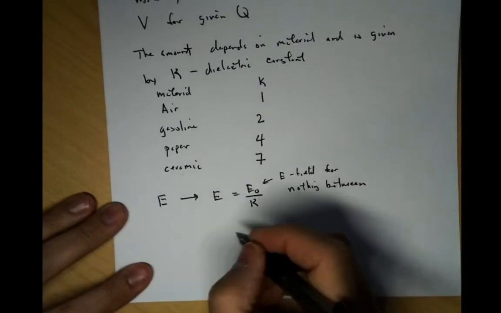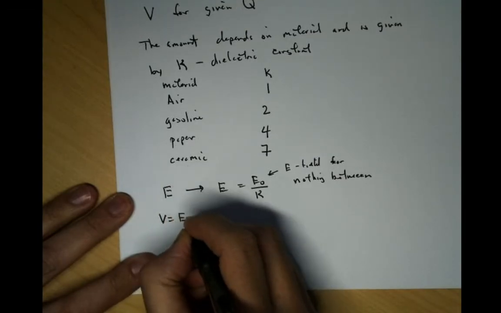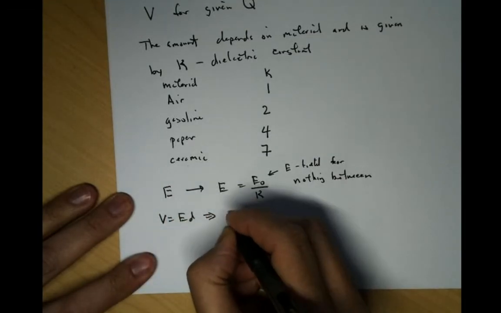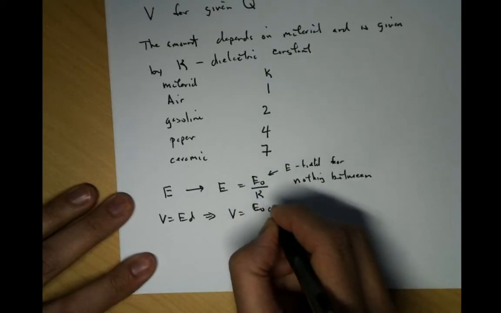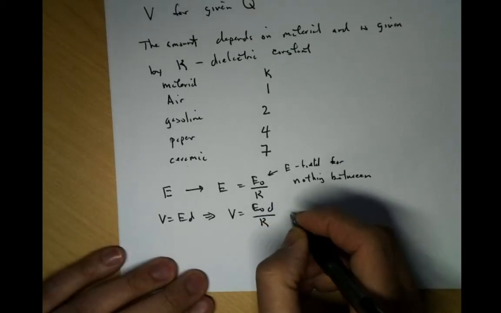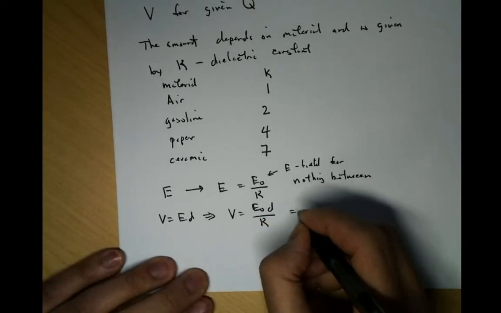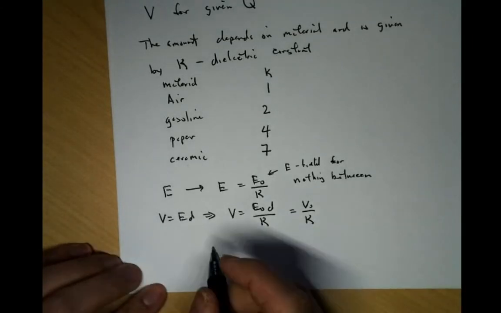And so for a parallel plate capacitor, V is equal to E D, which means that V is equal to E0 D over kappa, which is V0 over kappa. So it lowers the potential by an equivalent amount.